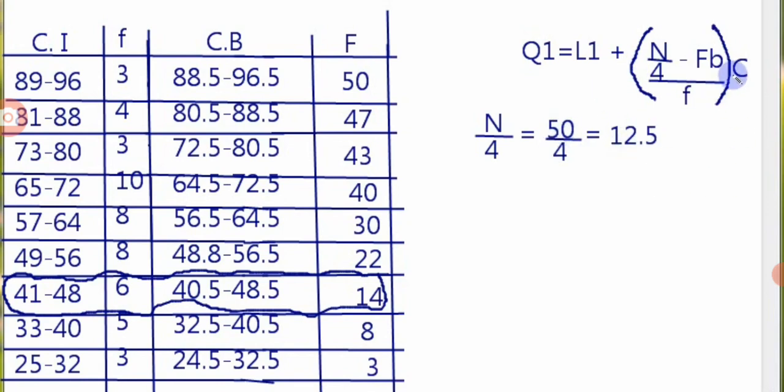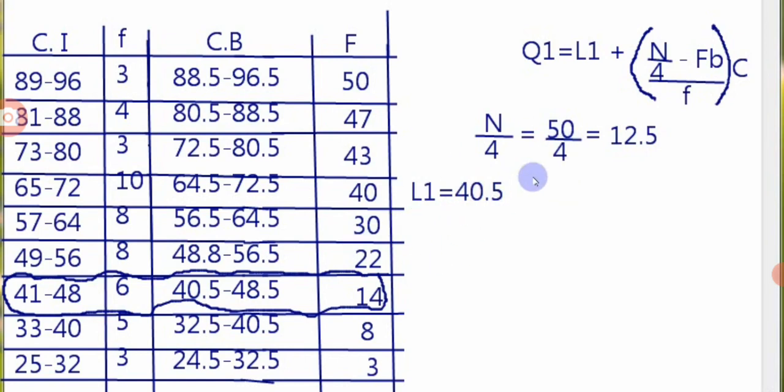So in this quartile one group, first quartile, to locate L1 and others, L1 in this quartile group is our lower bound, because all these are lower bounds. So this L1 is 40.5 because it's in the quartile group. That means our L1 is equal to 40.5.